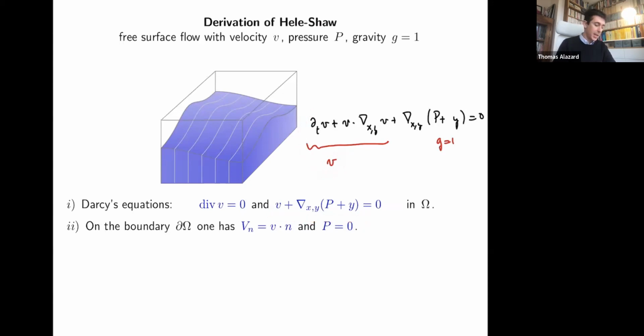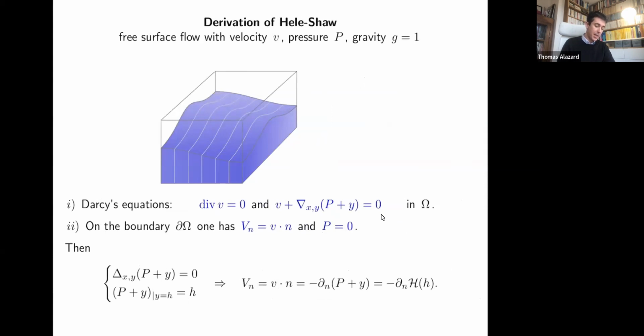On the boundary, that is on the free surface, we assume that V_n, the velocity of the free surface in the normal direction, coincides with the normal component of the velocity. This is the first equation. And secondly, we assume that the pressure is constant on the free surface. Without loss of generality, we can assume that this constant is 0.